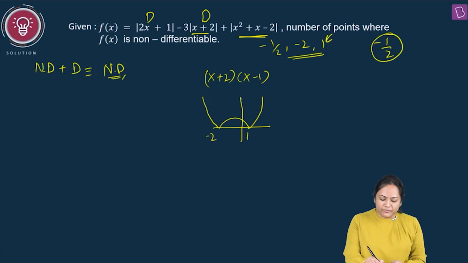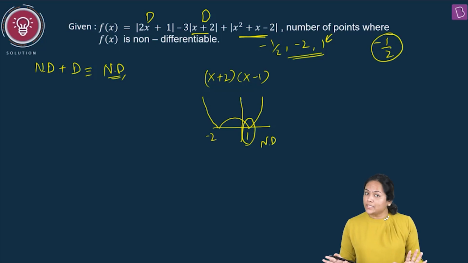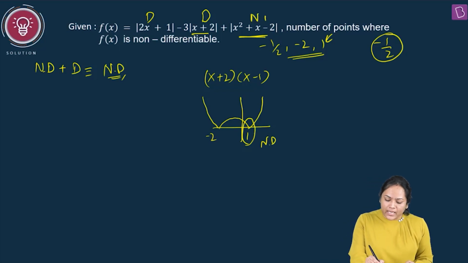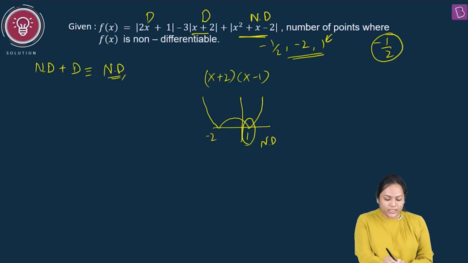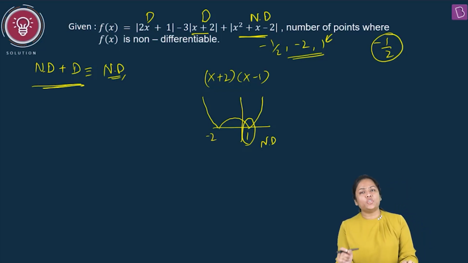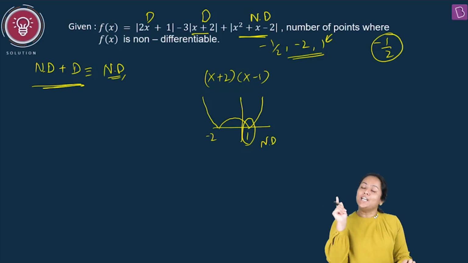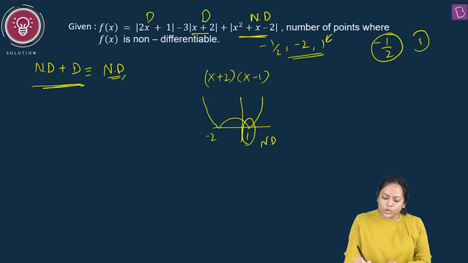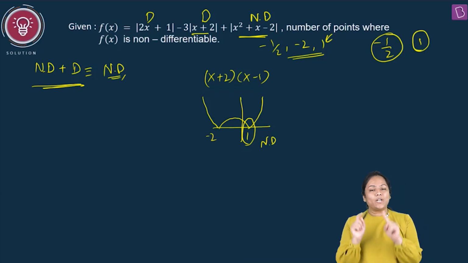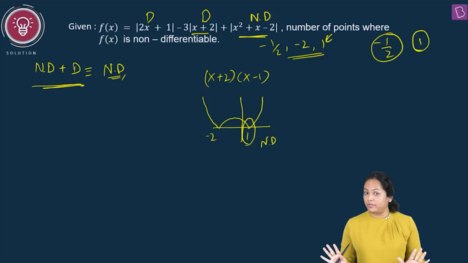So definitely it will be non-differentiable at x is equal to 1. Clear? So I have this quadratic as non-differentiable at x is equal to 1. Again leading to the same condition that non-differentiable plus differentiable is going to give me what? Non-differentiable, that's correct. So 1 is also a point at which this entire function will be non-differentiable.